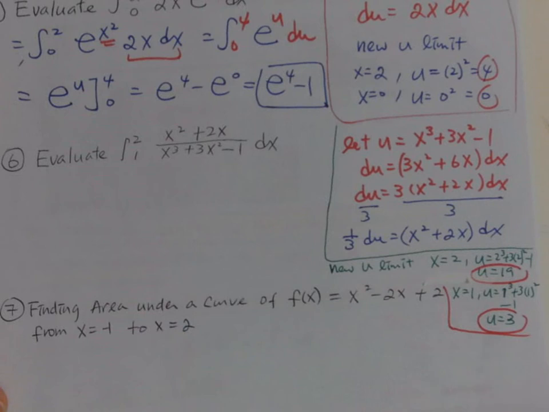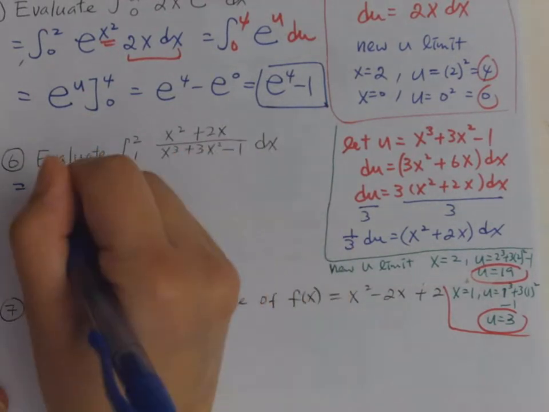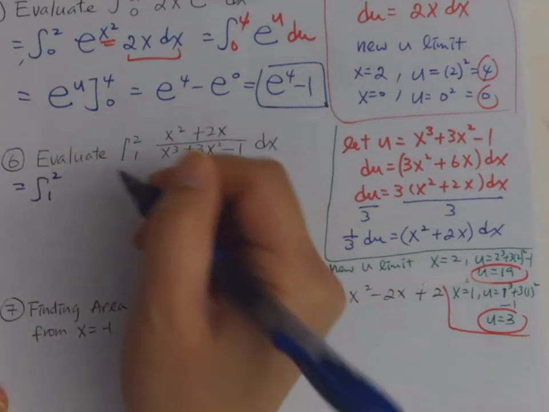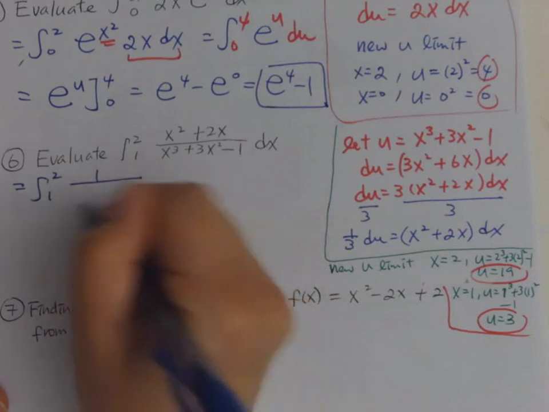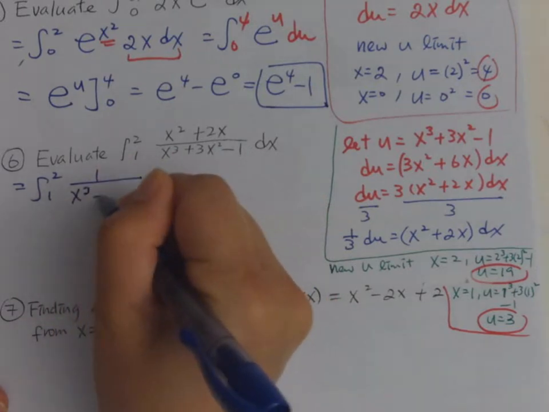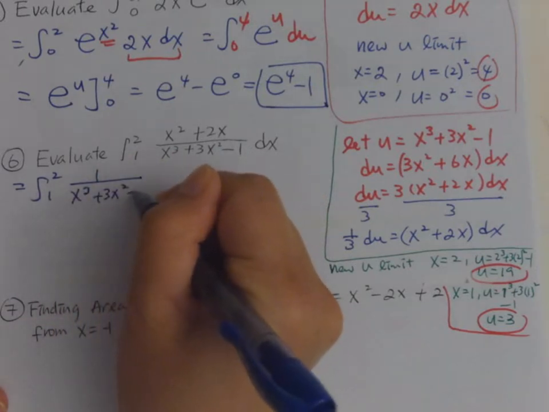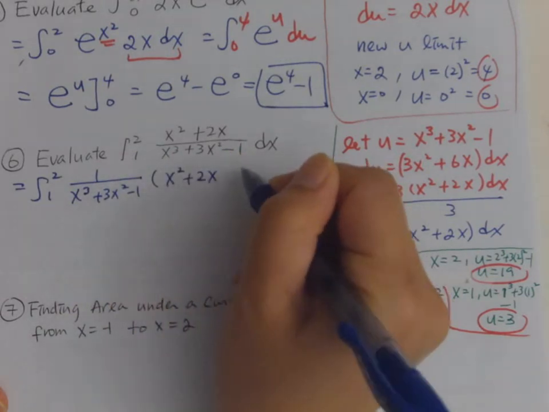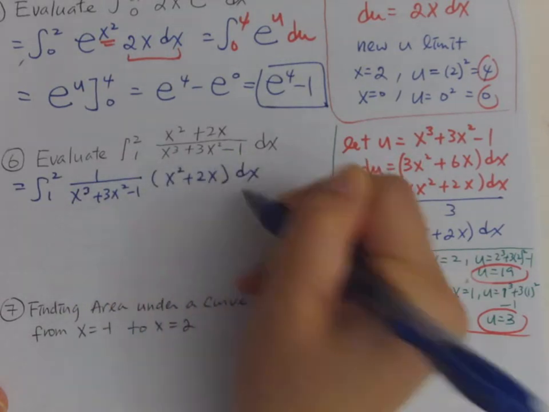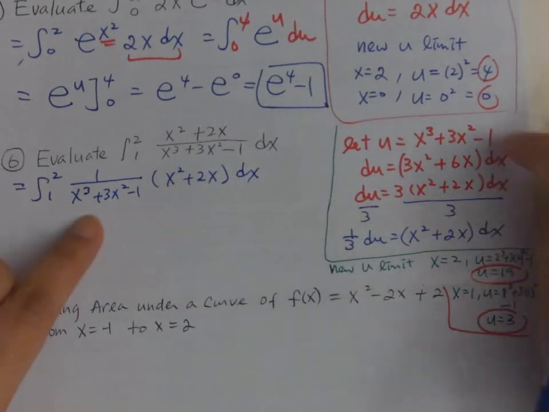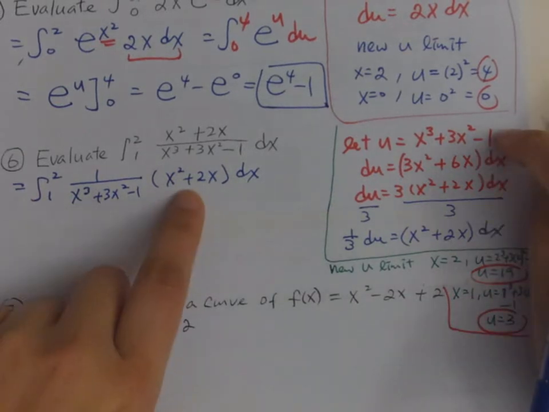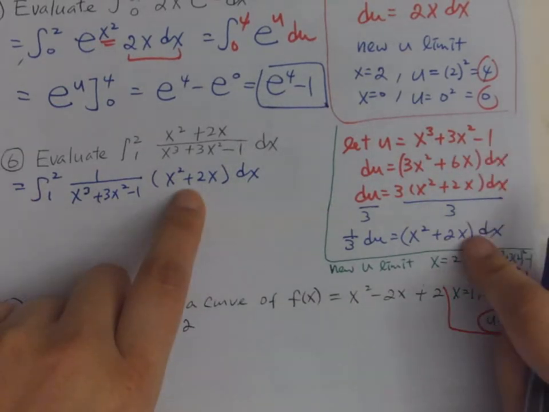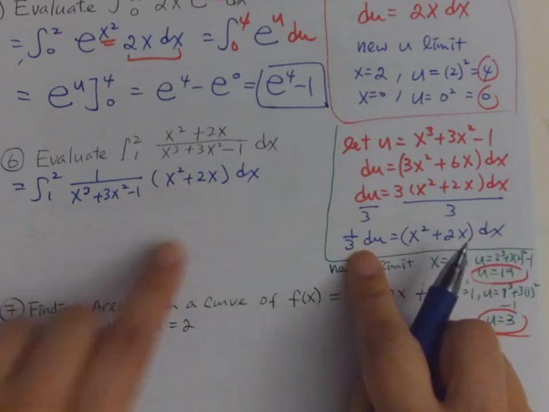So I'm going to put them in order first. Maybe it's easier to see. 1 to 2, if I just pull out this part, multiplying the top part, and then dx. Then it will look like this is my u, and (x squared plus 2x) dx would be 1/3 du, right?